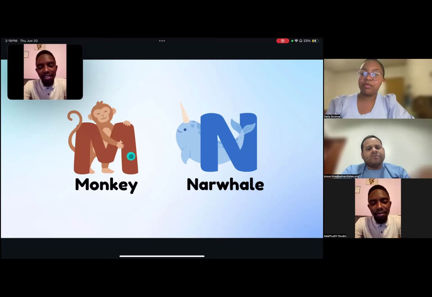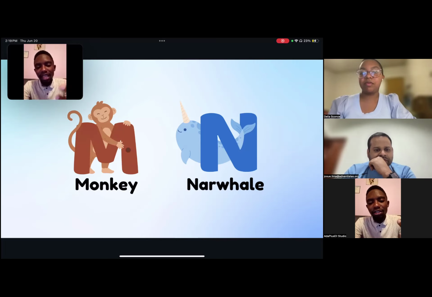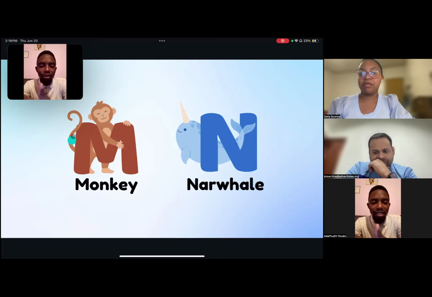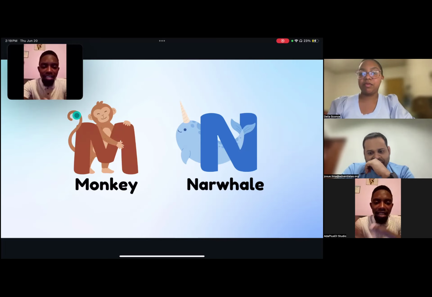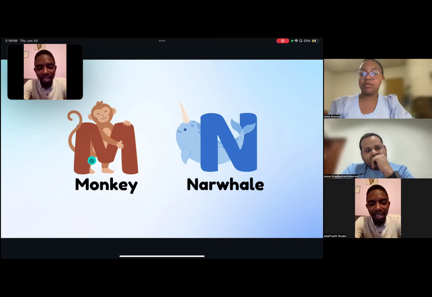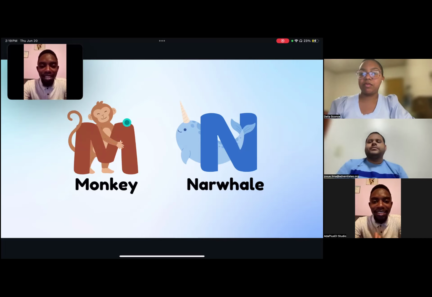Sometimes it uses the tail, it helps it when it's moving from a tree to another because it can coil the tail around that tree, and then move to the other tree by jumping. And then it has legs and hands.